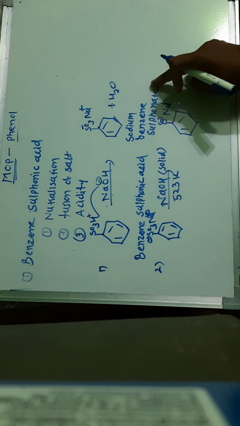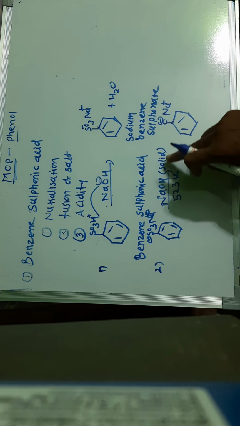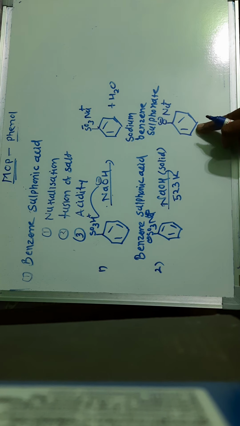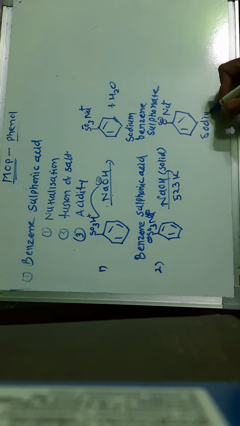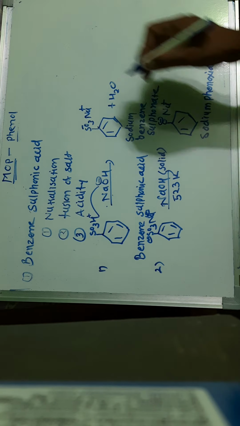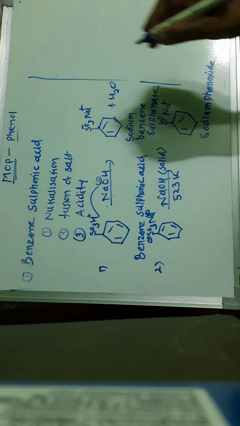When this sodium benzene sulfonate is fused with solid NaOH at 523 Kelvin, we get sodium phenoxide. This is the second step of this reaction. And lastly we see the third step.